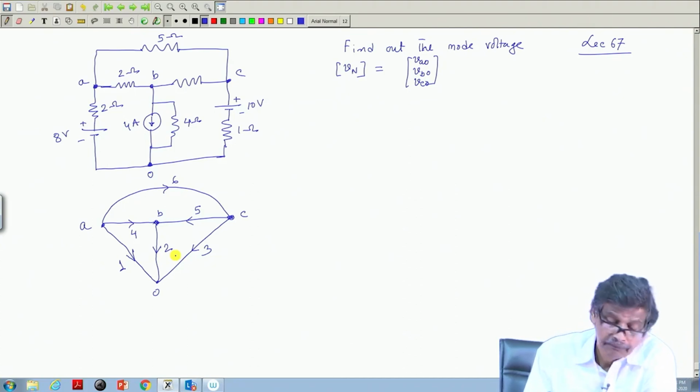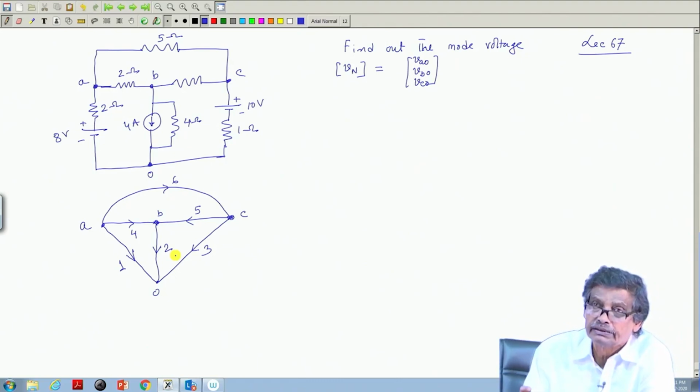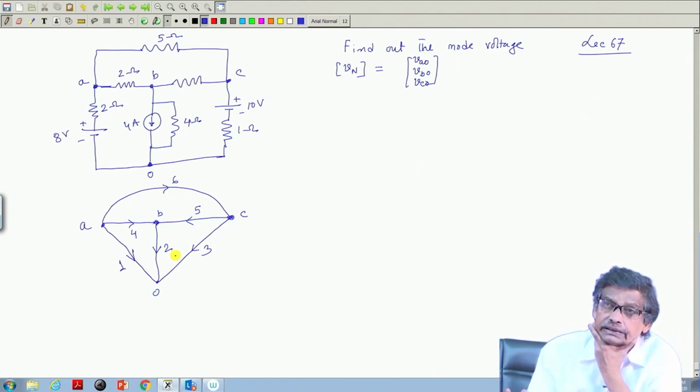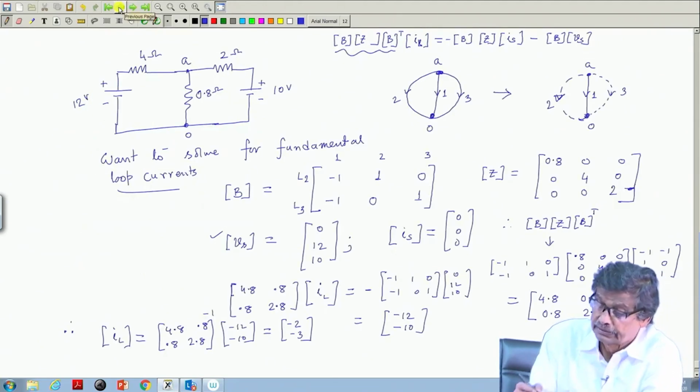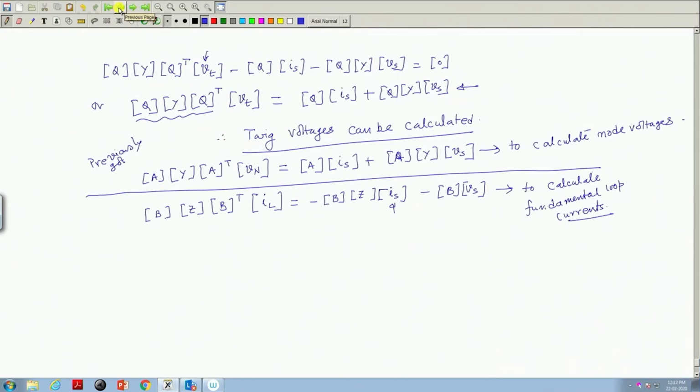Now, the first thing is, since by node voltage method, the A matrix is to be known. Recall that to solve these node voltages, what are the things you have to do? You have to adopt this method.